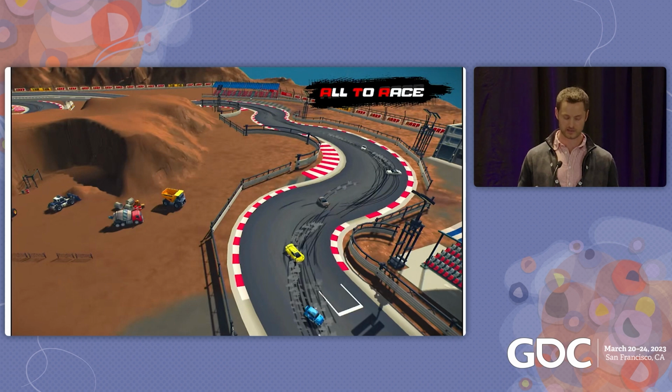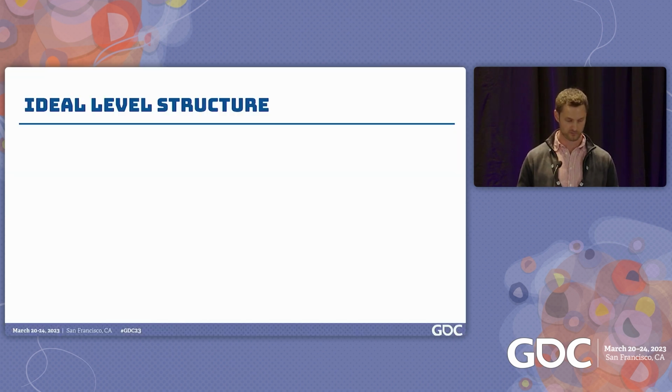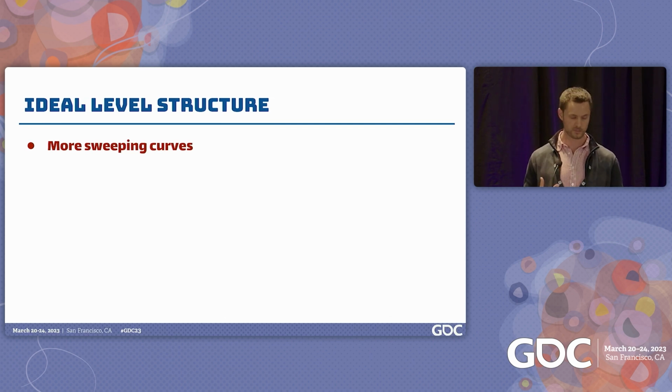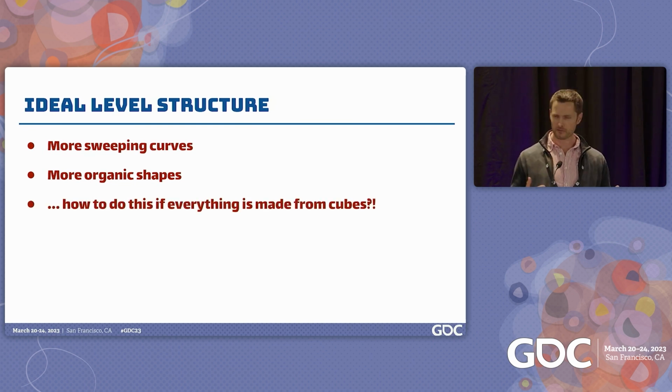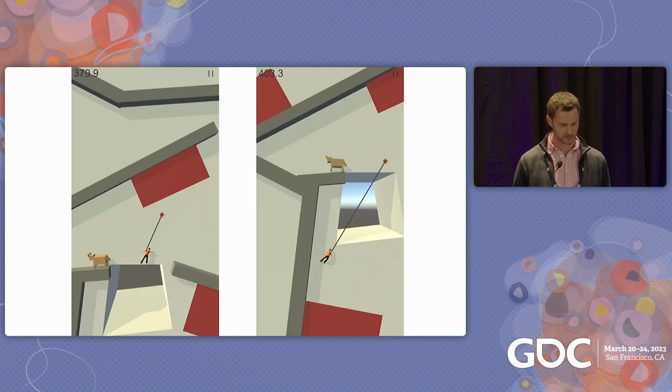So this made me realize that for an ideal shaped level, I'm going to need some sweeping curves. I'm going to need more organic shapes, right? And how the heck am I going to do this if everything's made from Unity cubes? So this was what the levels were at that point. It's all really straight lines, right?